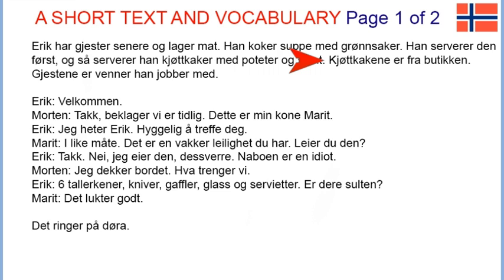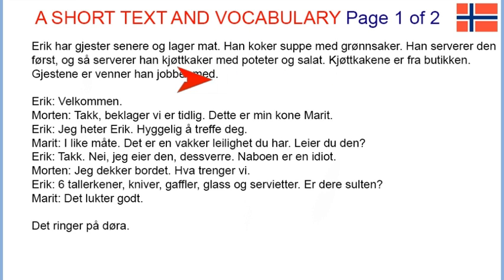Kjøttkakene er fra butikken, the meatballs are from the store. Definite form plural, ene. You don't need to know the gender of the noun, it's just simple definite form plural. It's from the store. En butikk is a male noun, therefore you see the ending en. Gjestene er venner han jobber med.